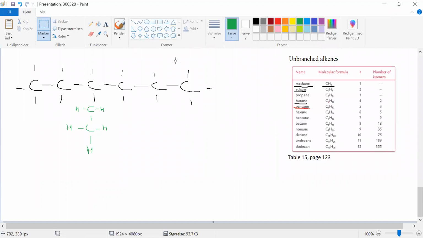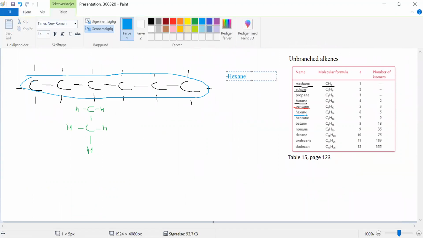We can see that the longest chain possible is this one. So it's 1, 2, 3, 4, 5, 6 carbons. So it will be a hexane. Hexane, that's the parent name, or the longest chain possible name.